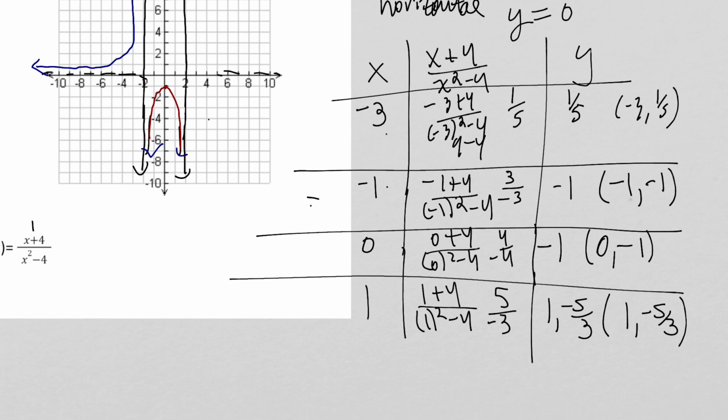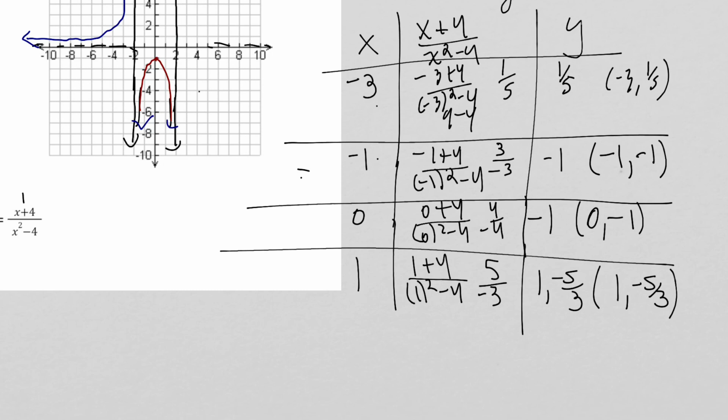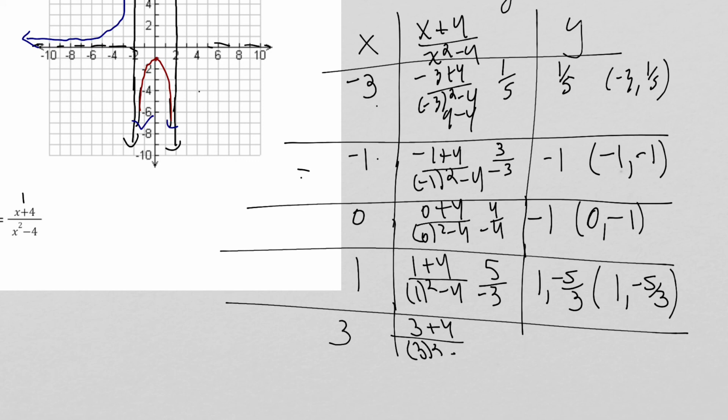All right, and then we choose a point to the right of 2, so I guess I'll choose 3. 3 plus 4 over 3 squared minus 4, so that's 7, and then 9 minus 4 is 5. So it looks like it's positive, 3 comma 7/5.